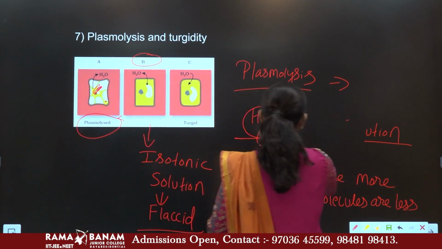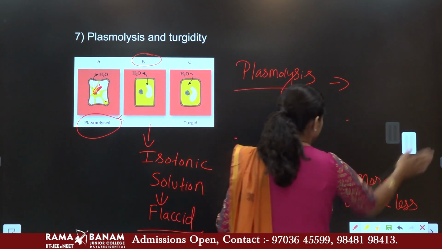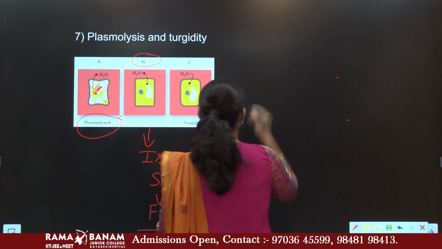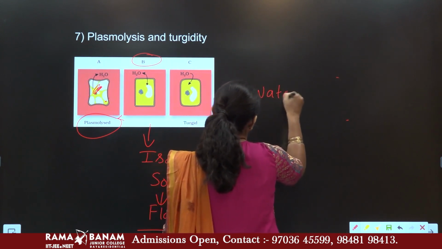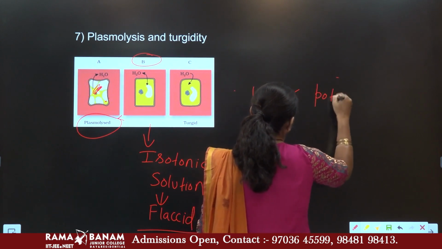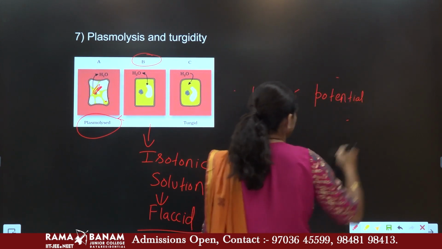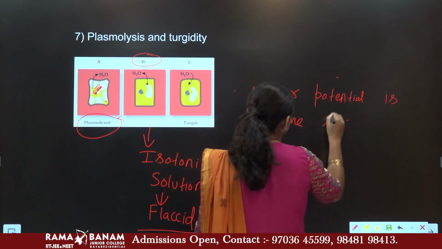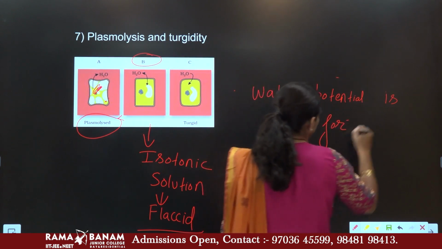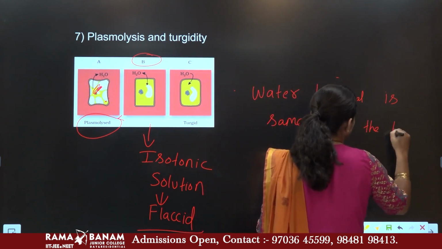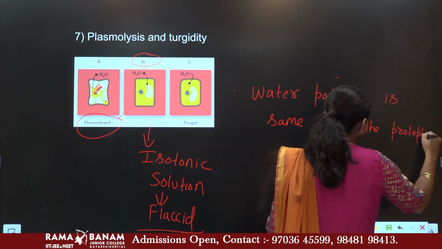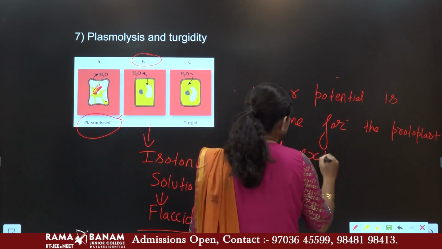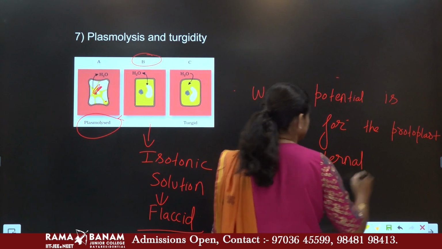Isotonic solution: when you look for the isotonic solution, water potential is same for the protoplast and external solution.